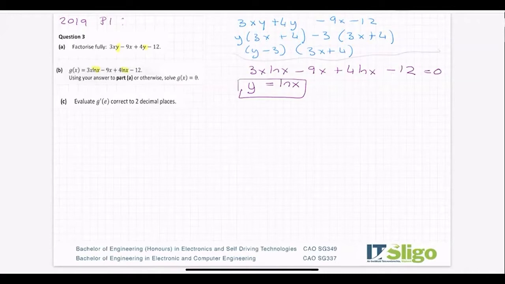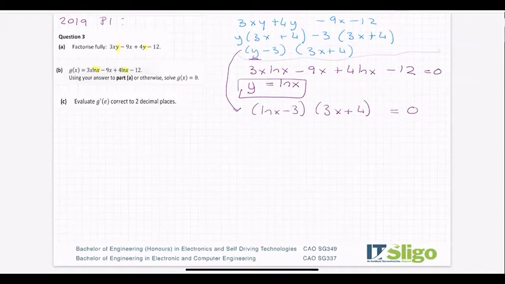Okay, so what does this mean? Well, what I would say up here was I would swap my y for ln of x. So I could do the factorisation very quickly in that way.